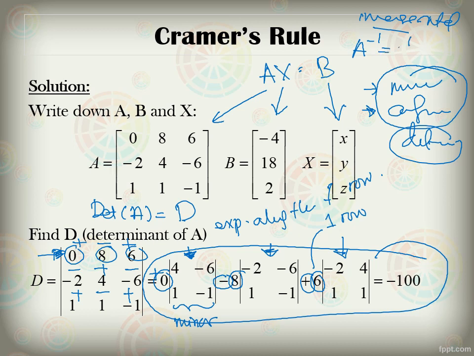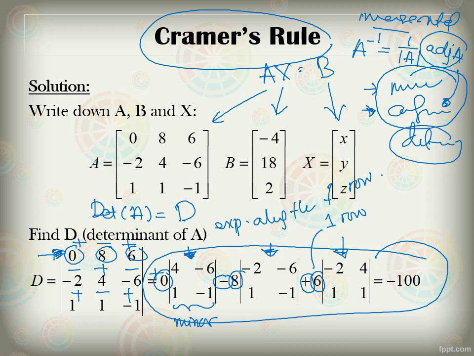The formula for A inverse is 1 over the determinant of A times the adjoint of A. So the adjoint needs a cofactor. For this method, you have no choice except to calculate the minor and the cofactor to get the adjoint. But for Gauss-Jordan, Gauss elimination, and Cramer's rule, don't waste your time to calculate minor and cofactor.